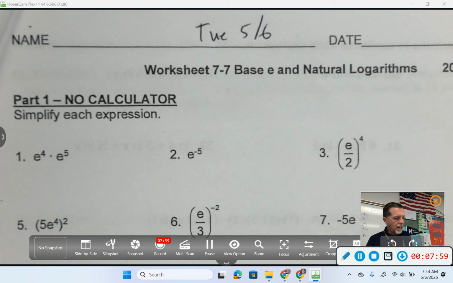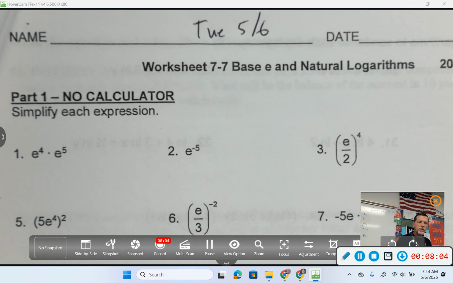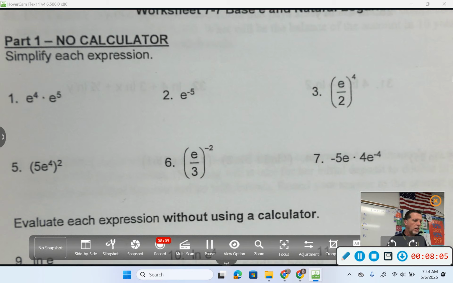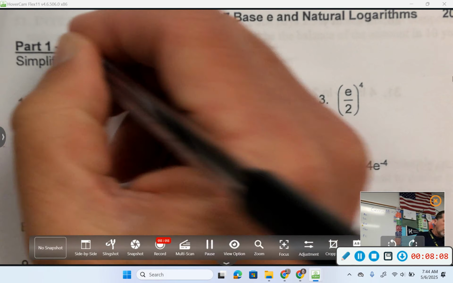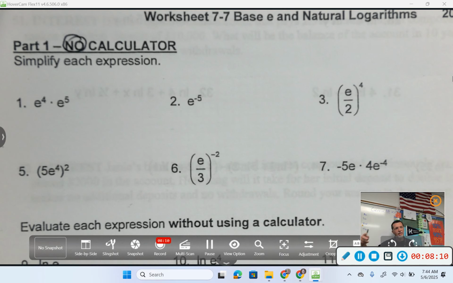It looks like a lot, but they're going to go really quick. Simplify each expression, no calculator. By the way, the 2-part test next week: Part 1 is no calculator, Part 2 is with calculator. So you'll be able to figure out what's on each part of the test.